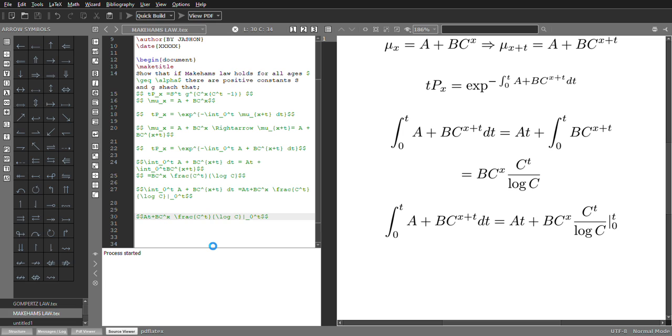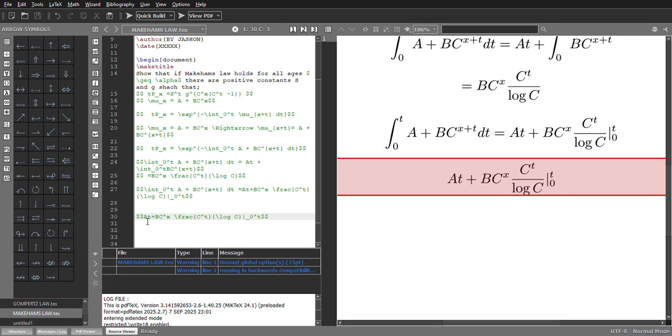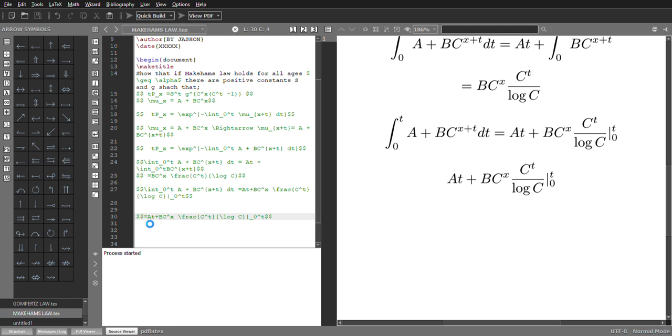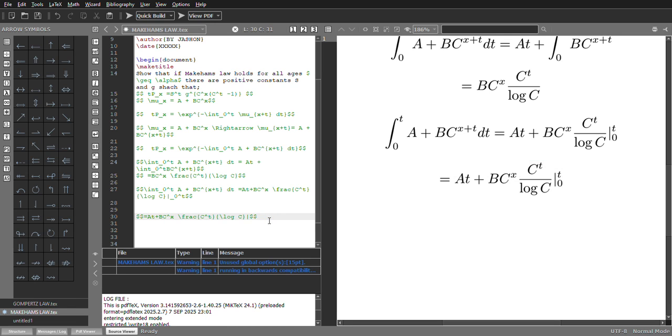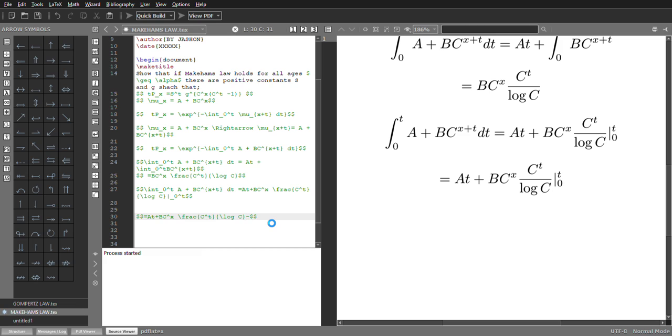The equation remains the same. You have an equal sign somewhere there. Then we subtract.